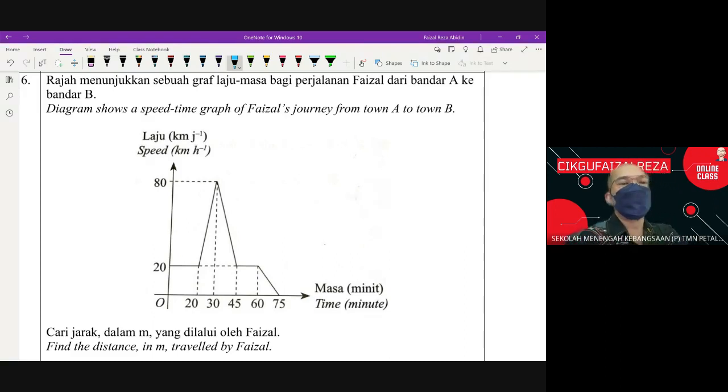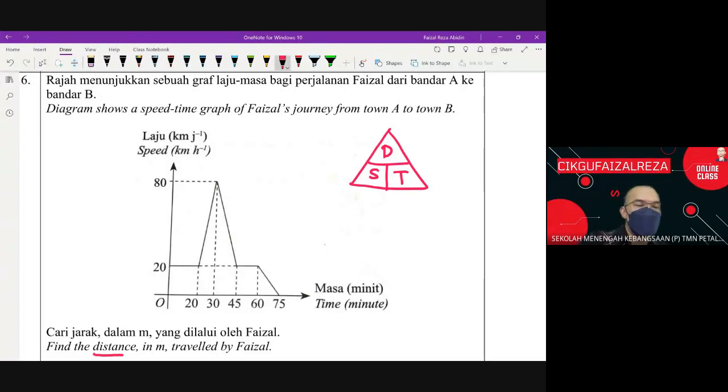Okay, so if you look over here, we are going to find the distance. Remember back our formula. So if we are going to find distance, we are going to take speed with time.